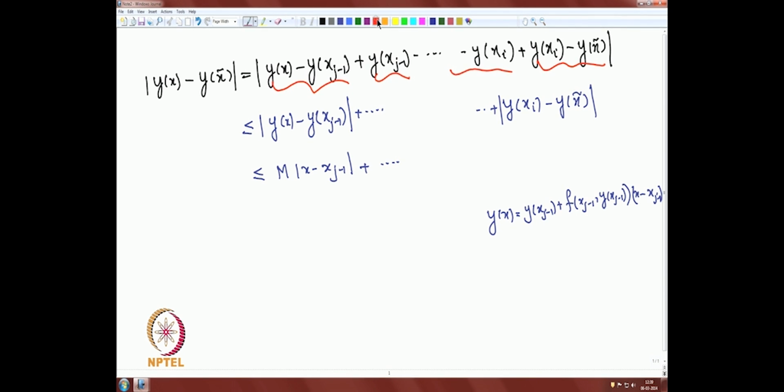And we know that by definition, if you take the difference, y of x minus y of x j minus 1 is less than or equal to the slope f of x j minus 1, y of x j minus 1, into x minus x j minus 1.